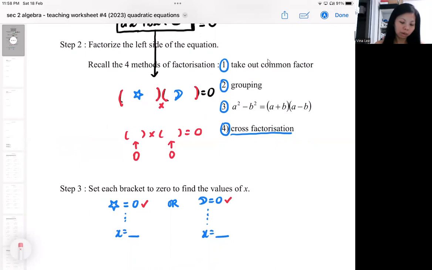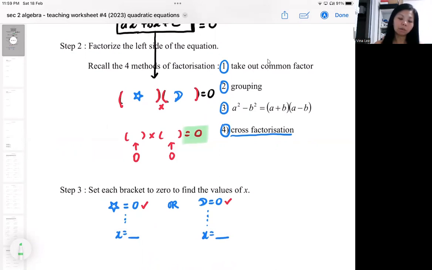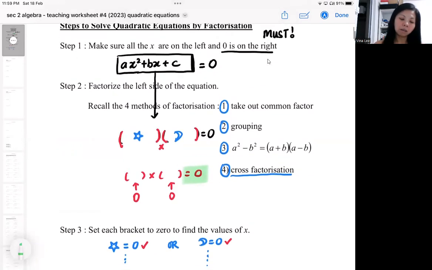That's why you must always get to the 0 part, because it's very easy to get a product of 0. Anything multiplied by a 0 will be a 0. So the only time the product becomes 0 is when either of the brackets becomes 0. We make use of this logic. That's why the 0 is a must.